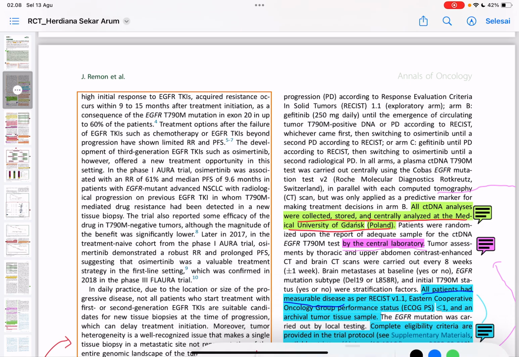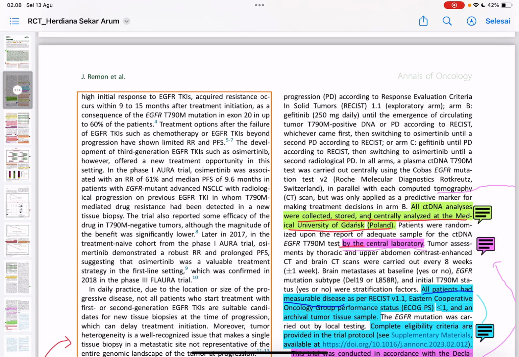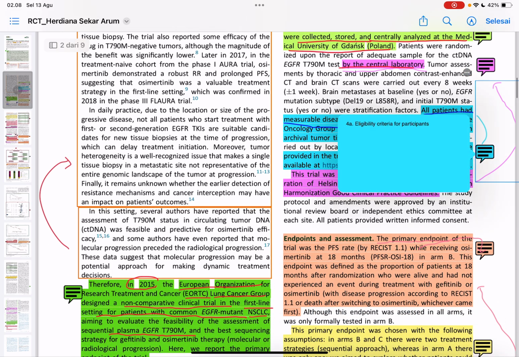And next, we have how the allocation sequence was generated, who enrolled participants and who assigned participants to interventions, in a nearby central laboratory. Next, we have eligibility criteria for participants.